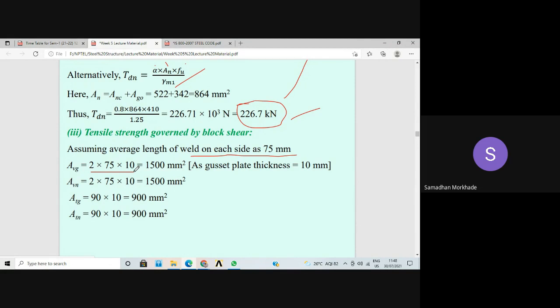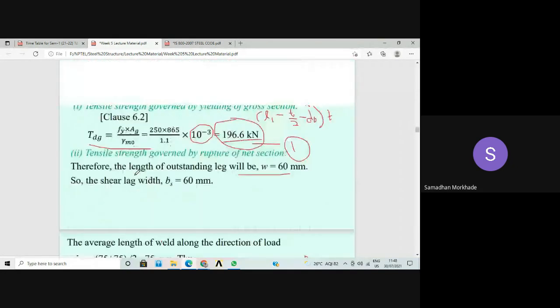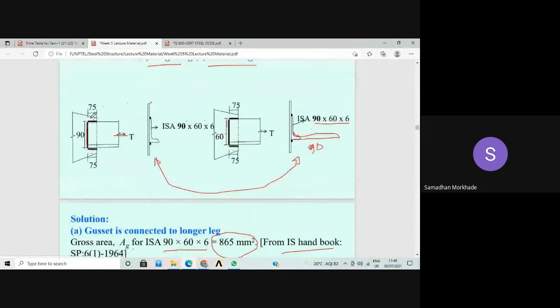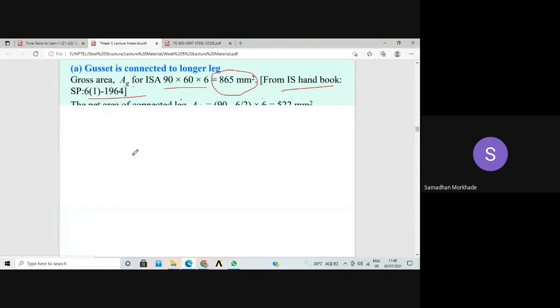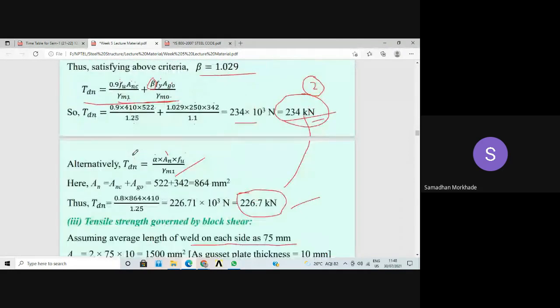See how 75 came? This is 75, this is 75, the length which is parallel to the direction of the force, because that length is going to be sheared off.